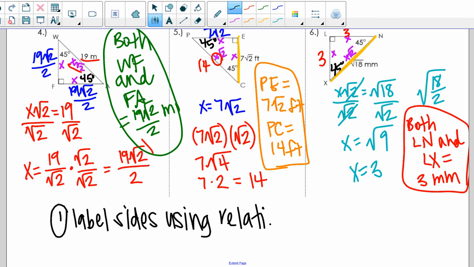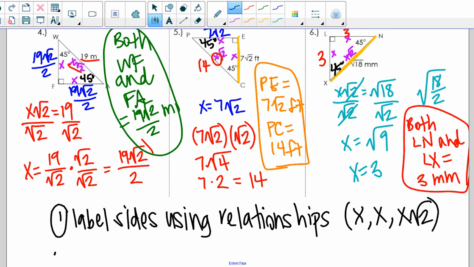And by that, I mean that's when I do the x, x, and x root 2. And then the next thing I do is solve for x. Obviously, sometimes that's easier than others. And that's with the given side.